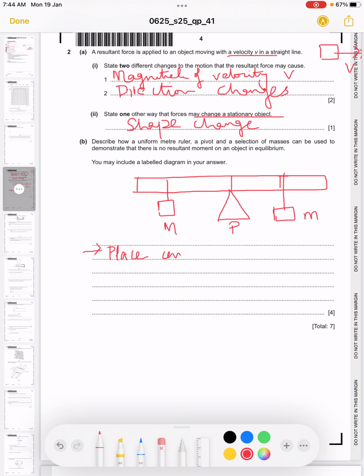But here the meter ruler is uniform, so its center is the center of mass. Place the center of meter ruler on the pivot.